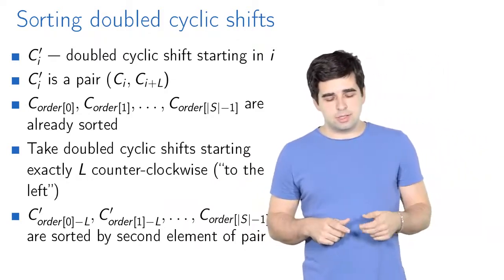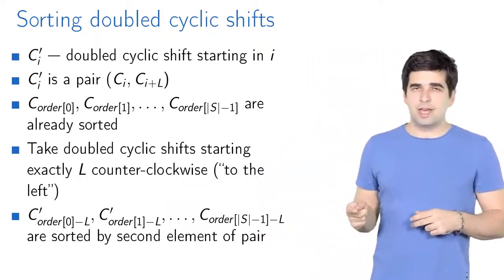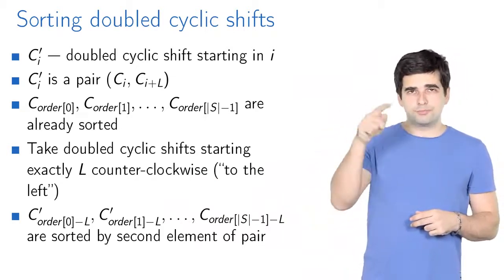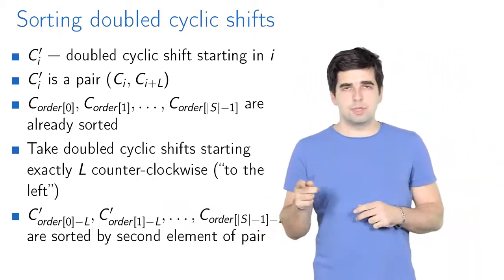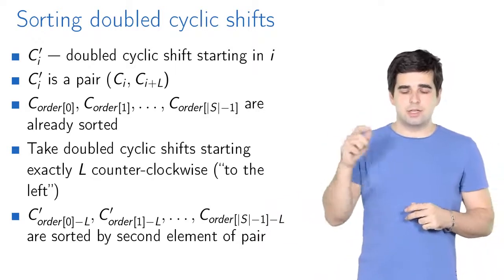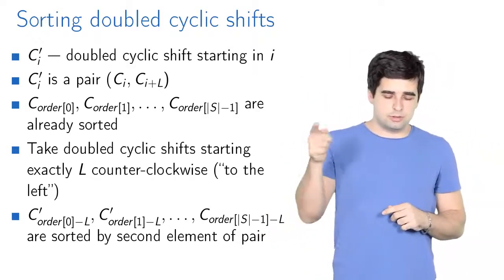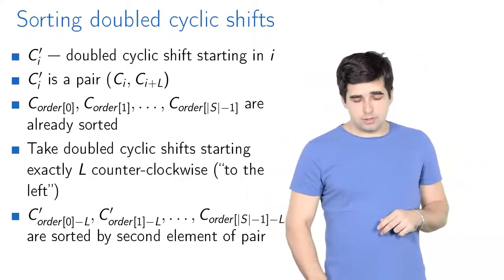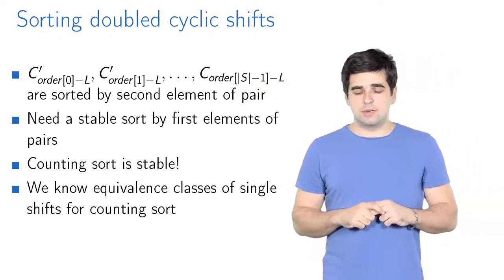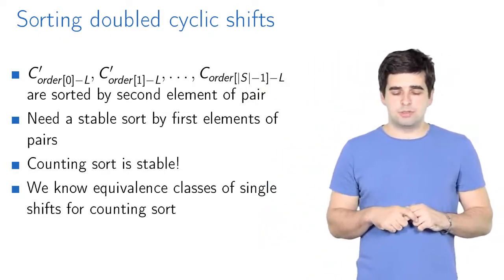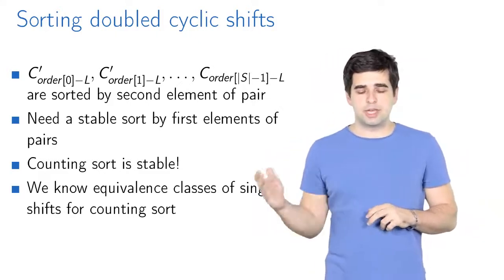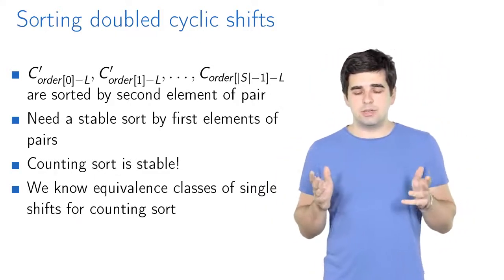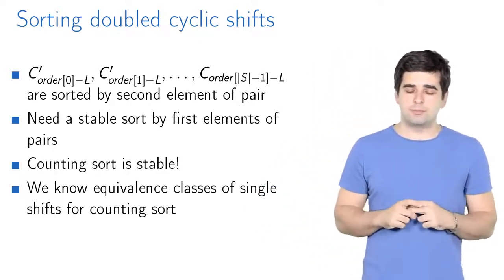And when I decrease order of 0 by L, I mean decrease modulo the length of the string, because this is a cyclic string, so we need to do a cyclic subtraction. So we get these C prime order 0 minus L and so on sorted by the second element of a pair, and we need only a stable sort by first elements of pairs.